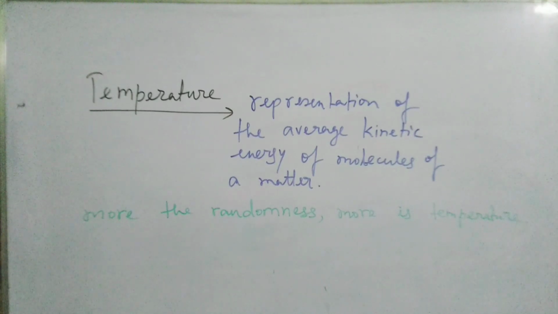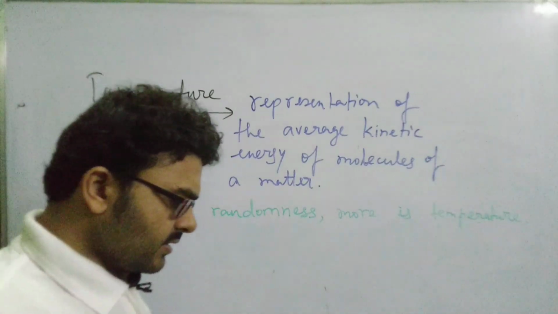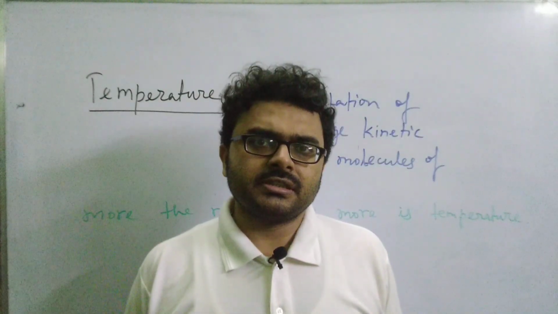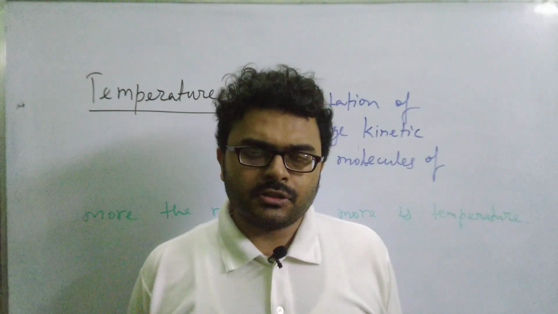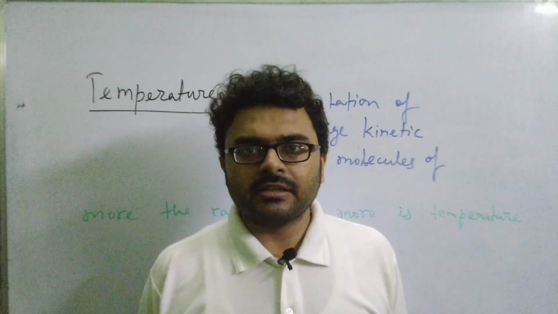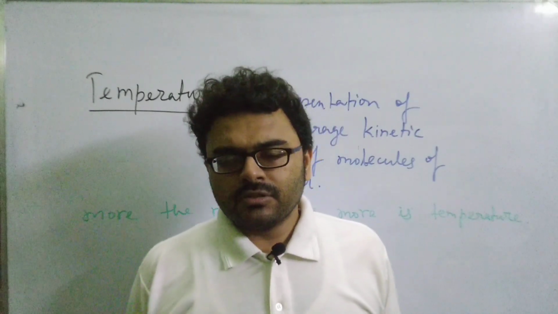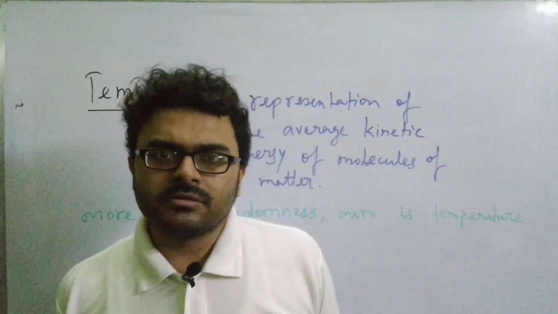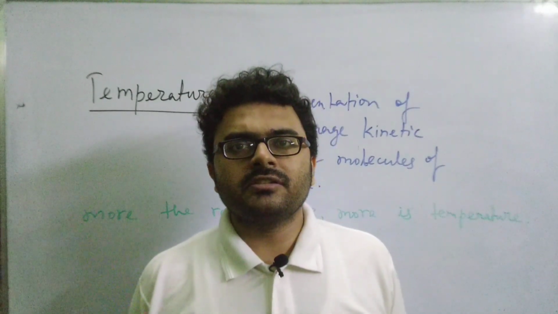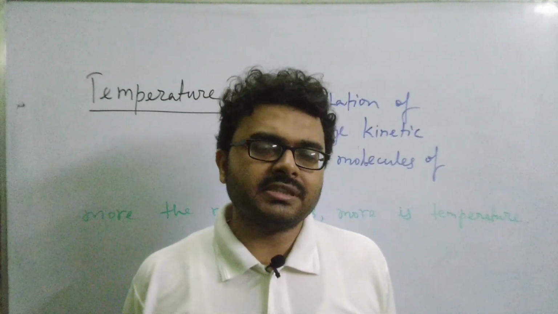So actually see, when you start heating an object in a solid state, what happens? It slowly gets heated up, and then after a certain point it starts melting. Why does it start melting? Because when you are heating, the energy that you are giving causes an increase in the kinetic energy of the molecules. As a result, the randomness increases.